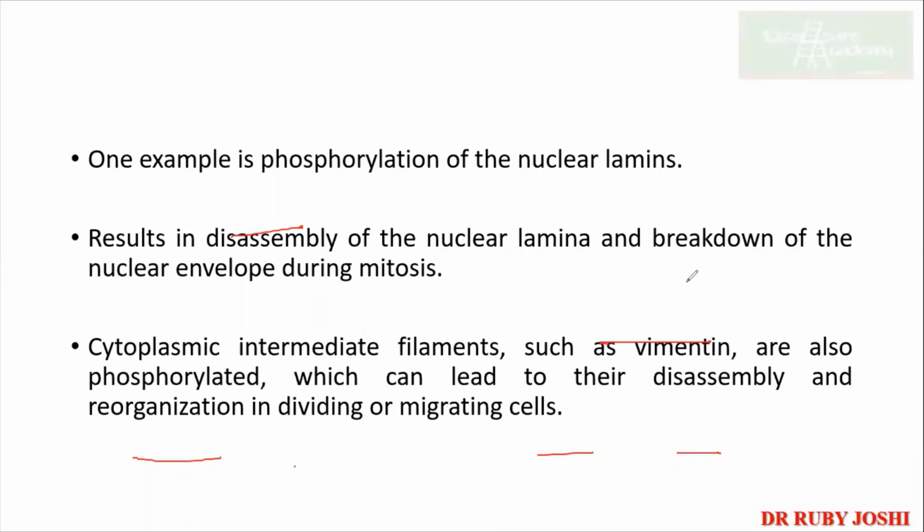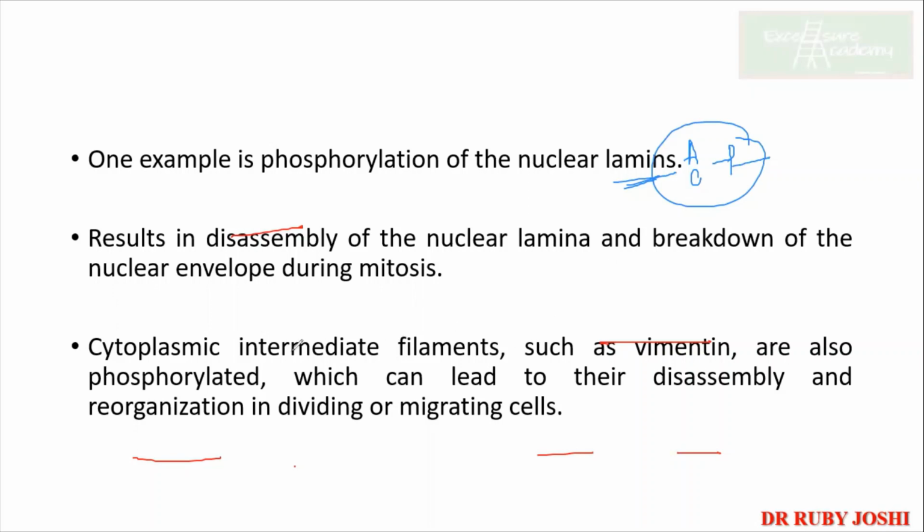It is disappearing means the envelope is broken down into small bits, right? And that is happening because the lamina is getting phosphorylated. So those lamin proteins A and C are getting phosphorylated. Okay, so what happens? The nuclear envelope disappears. They are broken down into small lamina. Okay, now once this gets dephosphorylated, again they come together and join to form a nuclear envelope.